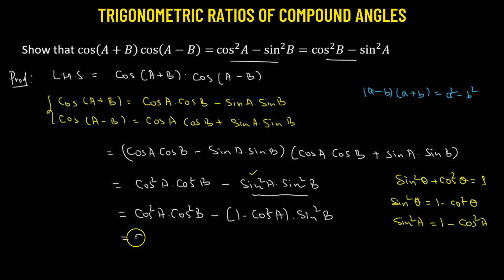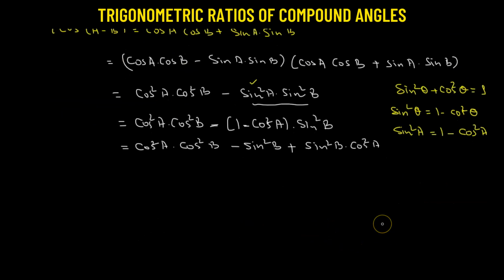This will be equal to cosine squared a times cosine squared b. So let's distribute sine squared b with 1 minus cosine squared a. That gives us negative sine squared b plus sine squared b times cosine squared a. Always be careful with signs whenever we're distributing. We have a negative sign here and this is multiplied by negative cosine squared a, so we get positive cosine squared a.